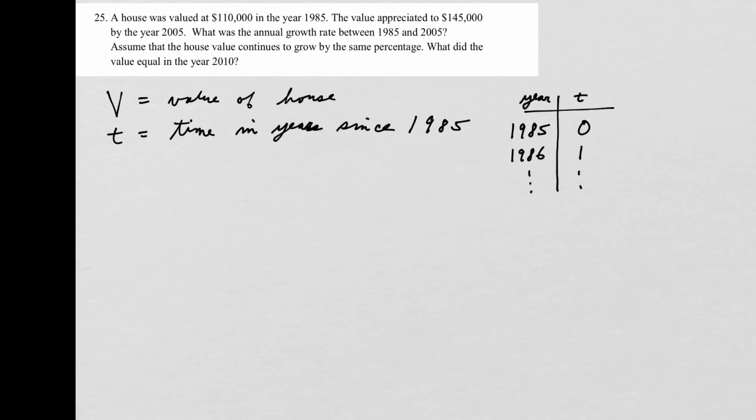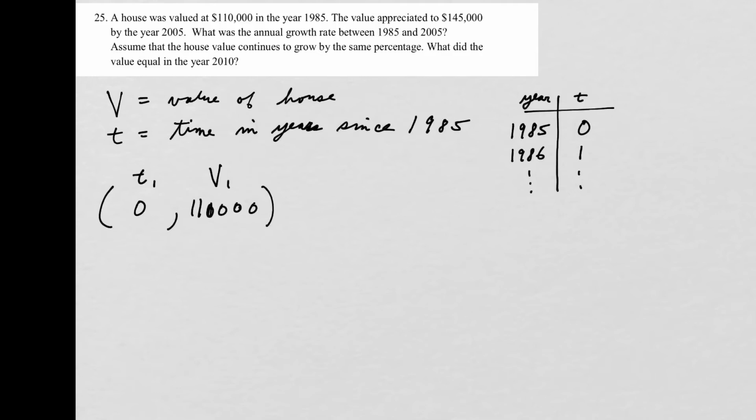Okay, so we know two things. We know that when T is 0, so initially, what is the value of the house? Well, it's got to be 110,000. So we have that initial point: when T is 0, V is 110,000.